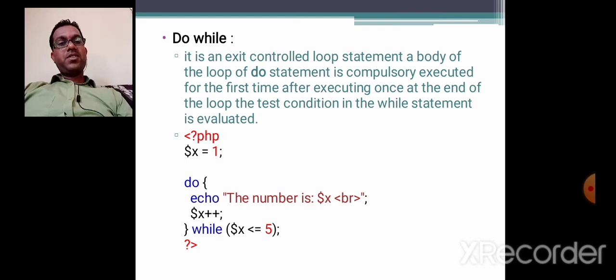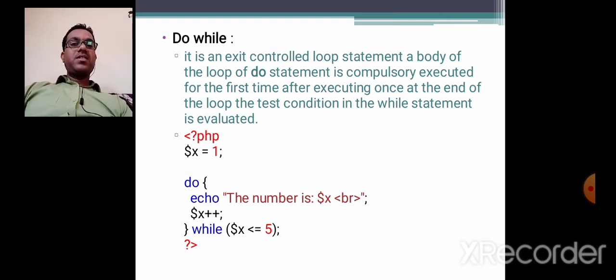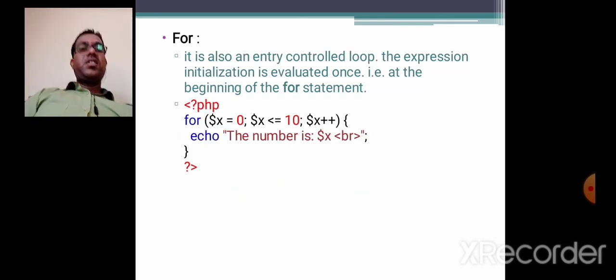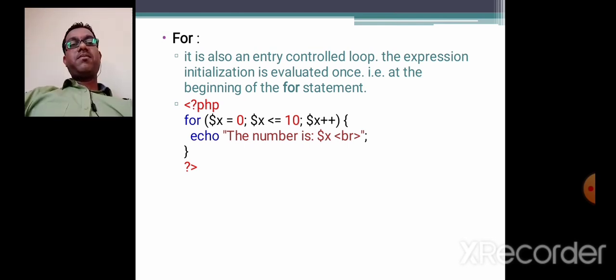Use the do while loop to ensure that the loop body is executed at least once. Here an example is given. $x equals 1, then do echo "Number is $x" is printed, then it is incremented by post increment $x++, and the while condition is taken: x is less than or equal to 5.